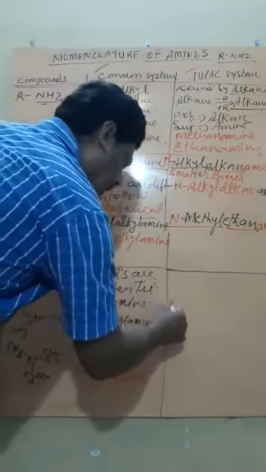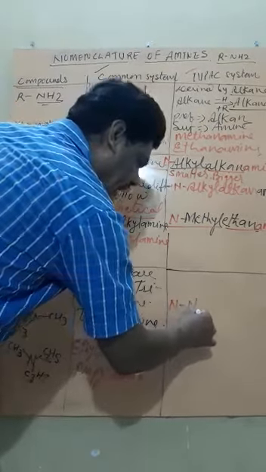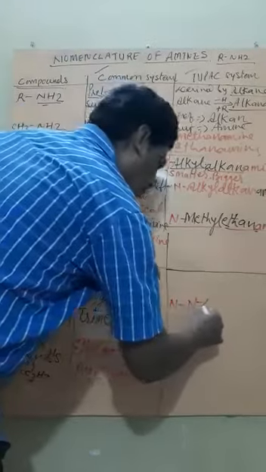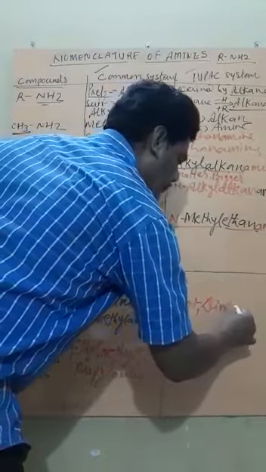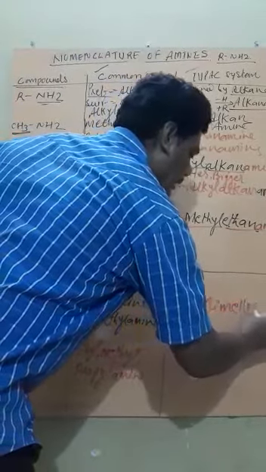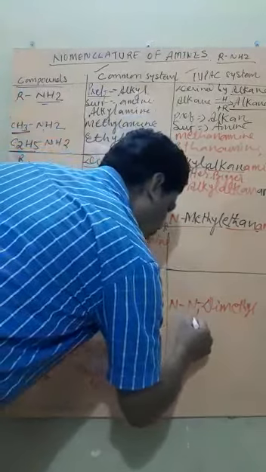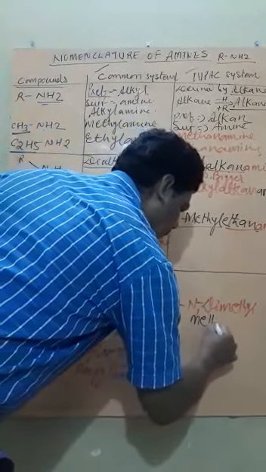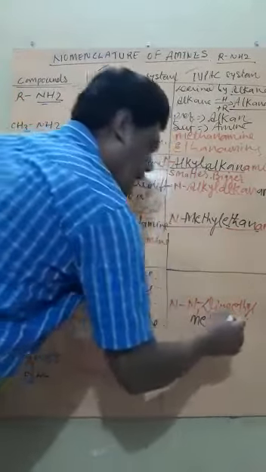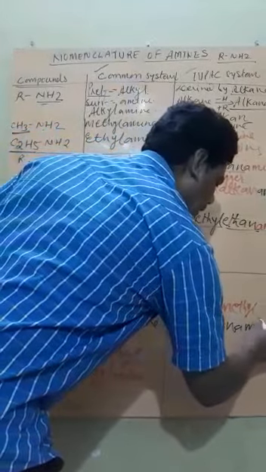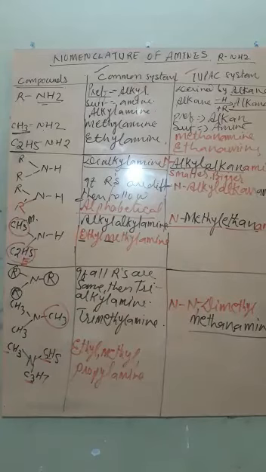So now two will become N and N, and dimethyl. One of the CH3 will be considered as methane, and then amine. So that becomes N,N-dimethylmethanamine.